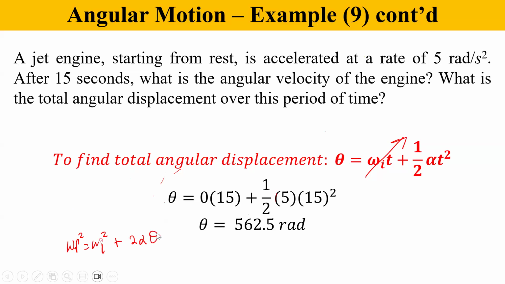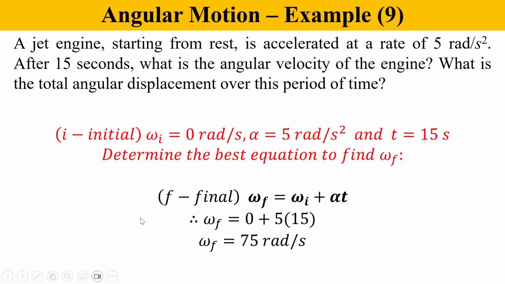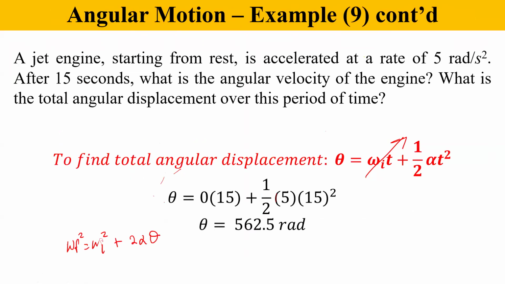That was the formula, right? So if we transpose for this one, we should get the same thing. We needed theta from that. So theta would be equal to omega f squared minus omega i squared, upon 2 alpha.